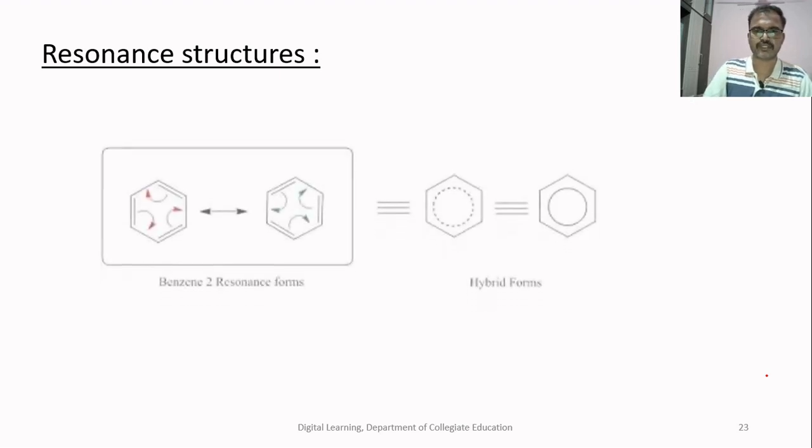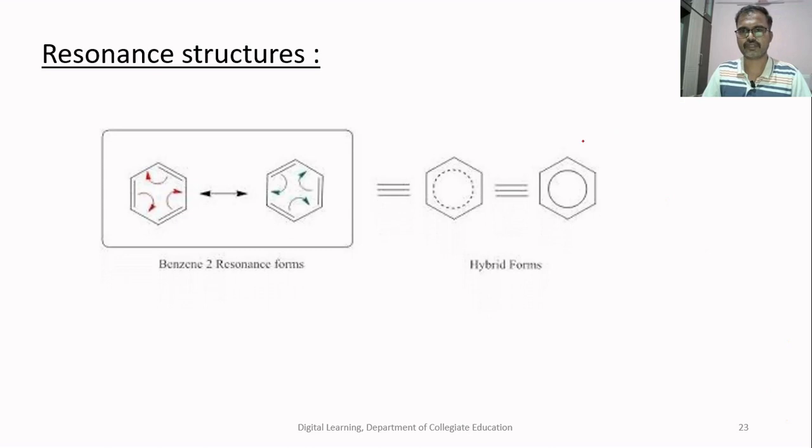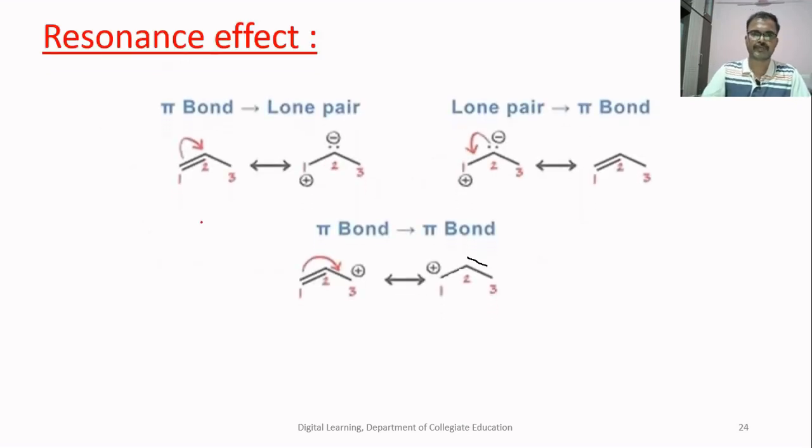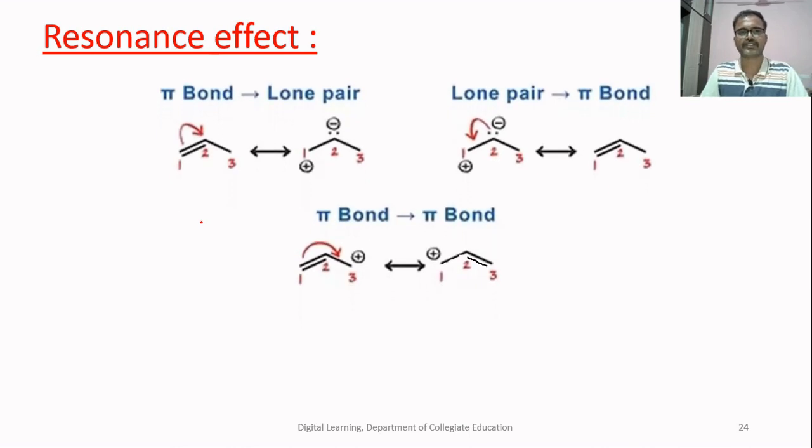Let me consider the example of benzene. The actual structure of benzene is the resonance hybrid of these two structures. Now, let us consider resonance effect. It can be explained by considering these electronic interactions. In the first case, there is an interaction between the pi bond and a lone pair of electrons, and in the second case, there is an interaction between the lone pair of electrons and the pi bond.